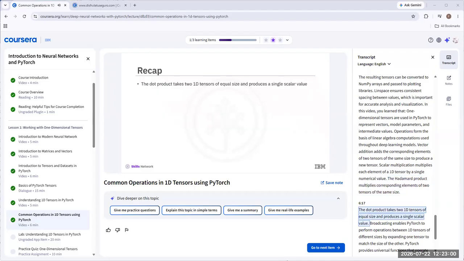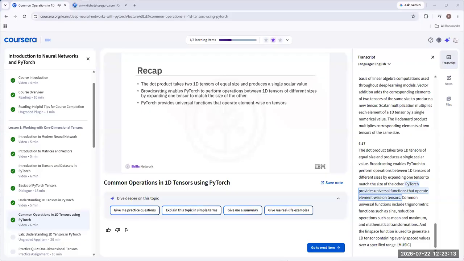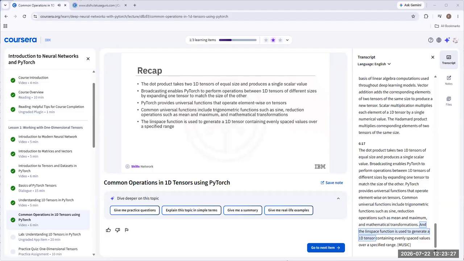The dot product takes two 1D tensors of equal size and produces a single scalar value. Broadcasting enables PyTorch to perform operations between 1D tensors of different sizes by expanding one tensor to match the size of the other. PyTorch provides universal functions that operate element-wise on tensors. Common universal functions include trigonometric functions such as sine, reduction operations such as mean and maximum, and mathematical transformations. And the linspace function is used to generate a 1D tensor containing evenly spaced values over a specified range.